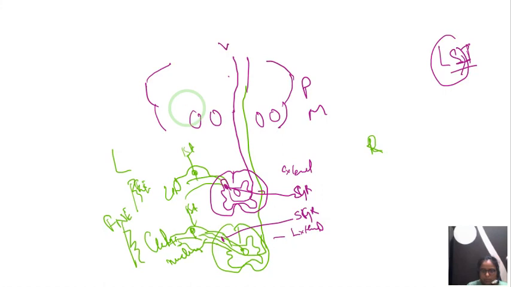The same comes like this if I draw here, right? From the other side.